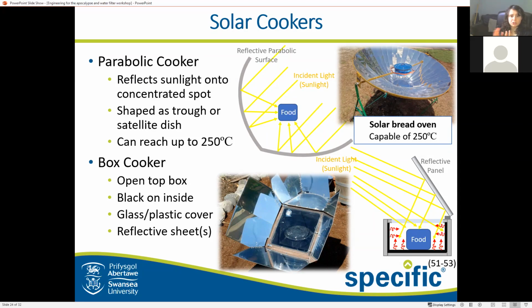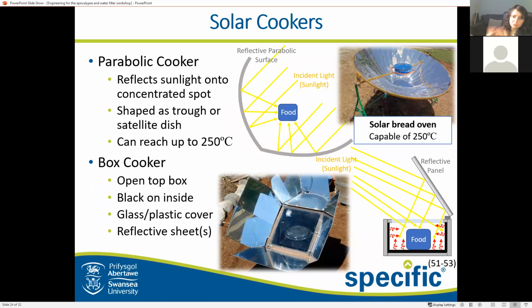For example, the parabolic solar dish has been used by one group to produce a bread oven designed by a group of students in the Norwegian University of Science and Technology, with the main purpose being able to reach 250 degrees centigrade. This enables it to bake bread and create foods which are traditionally eaten in places like Ethiopia, for where it was designed. So this is a really good use.